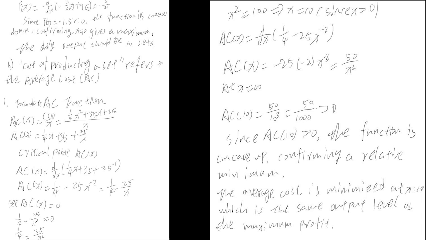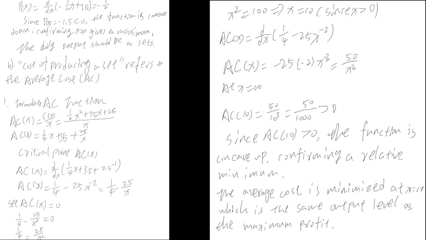Okay, for part B, we verify the minimization. We take the second derivative of AC with respect to x, and evaluate at x equal to 10.